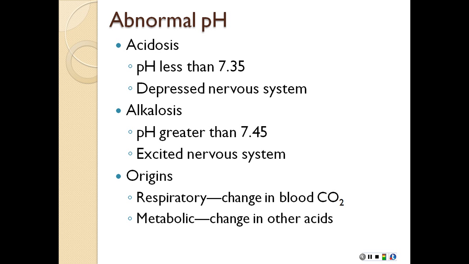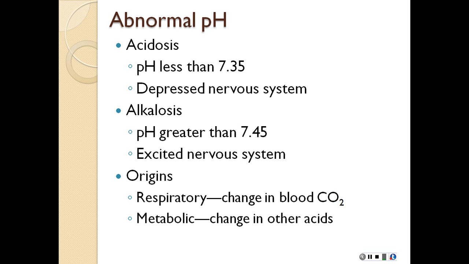And the differences, so as long as you remember that respiration, if you're breathing fast, you're blowing off CO2, that increases pH. If you're breathing slowly, that's called what? Hypoventilation. What is happening to the CO2 level in your blood if you hypoventilate?